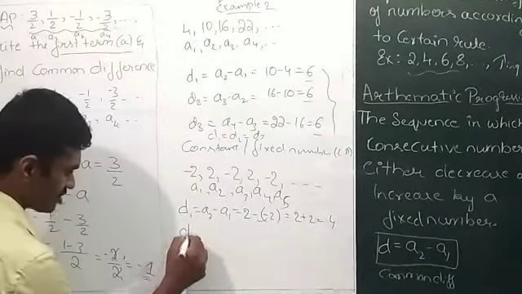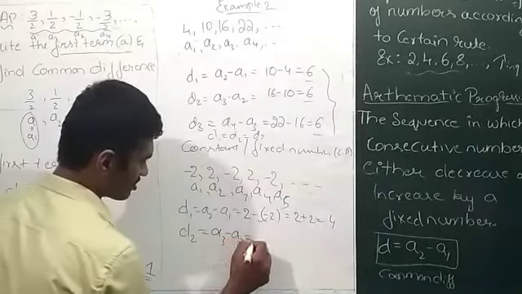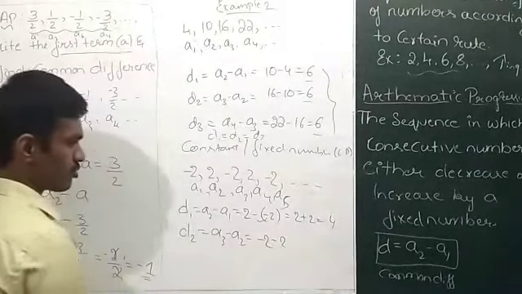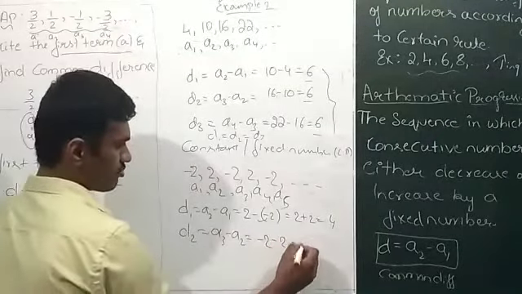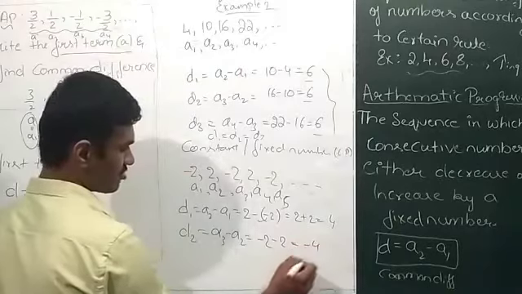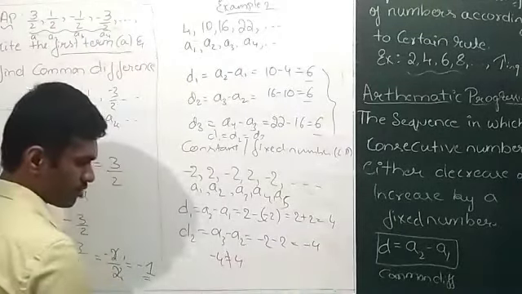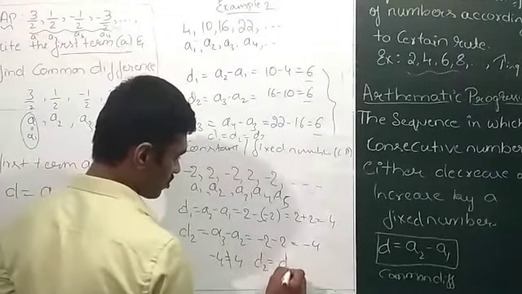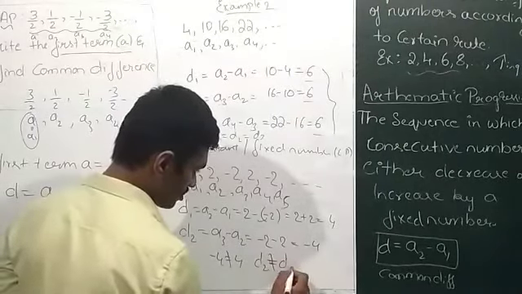Similarly, let us find D2. D2 is equal to A3 minus A2, right? What is A3 here? Minus 2. And what is A2 here? 2. So minus 2 minus 2 is equal to minus 4. Is minus 4 equal to 4? No, it does not equal. So D2 is not equal to D1.